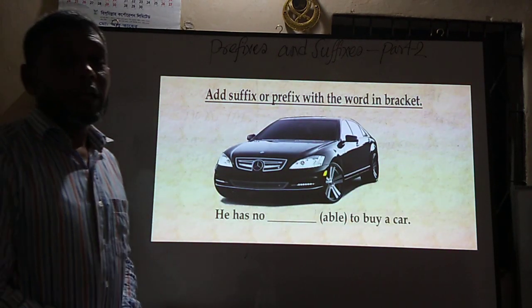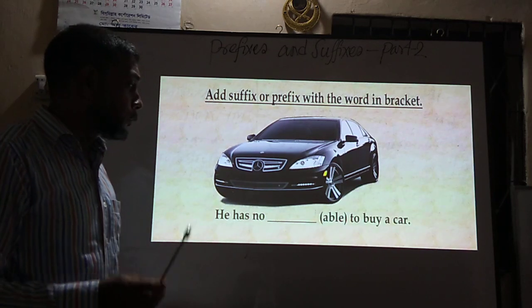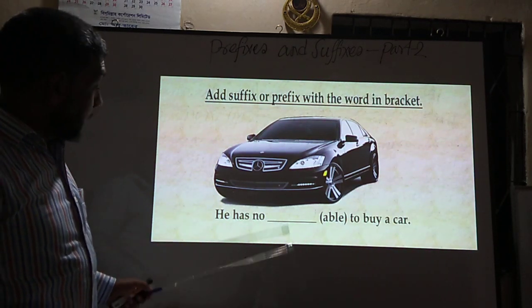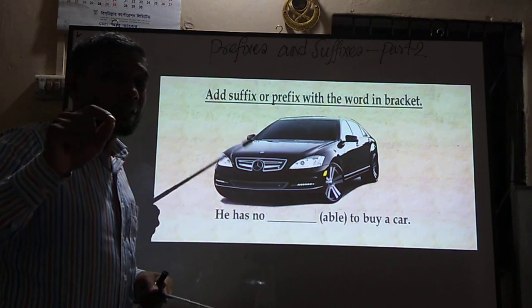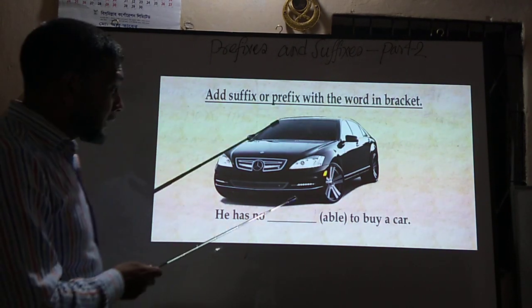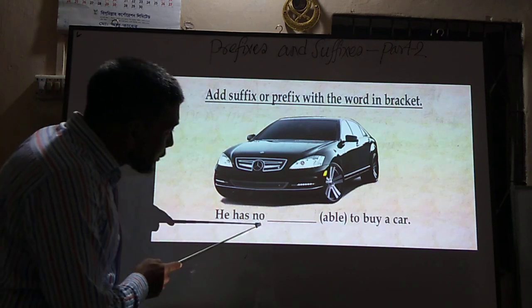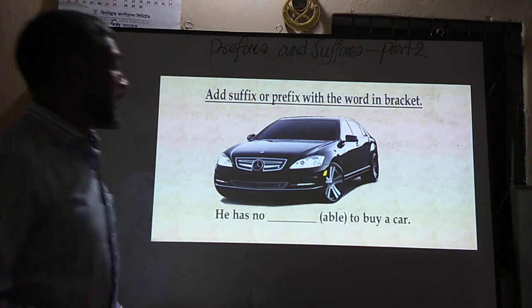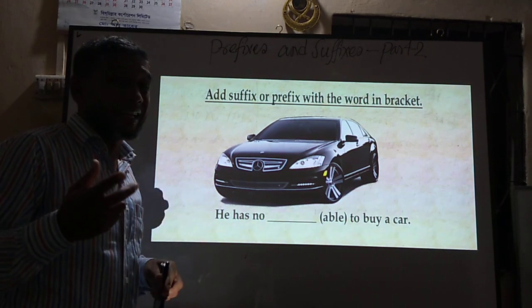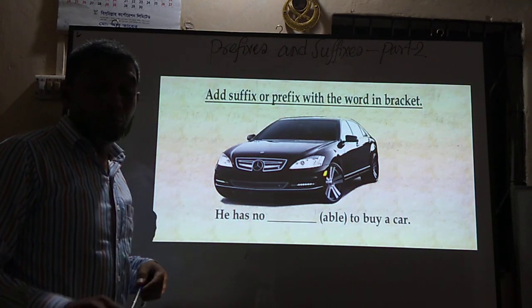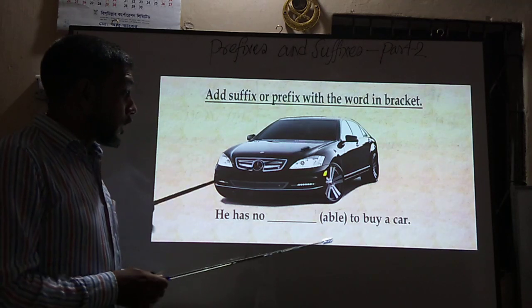So dear students, now in this position I would like to tell you what my techniques are, what keys and techniques I am going to give you. Like this: he has no to buy a car. So dear students, what is my motto, what is my target? My target is to give you some techniques. So what is the technique?